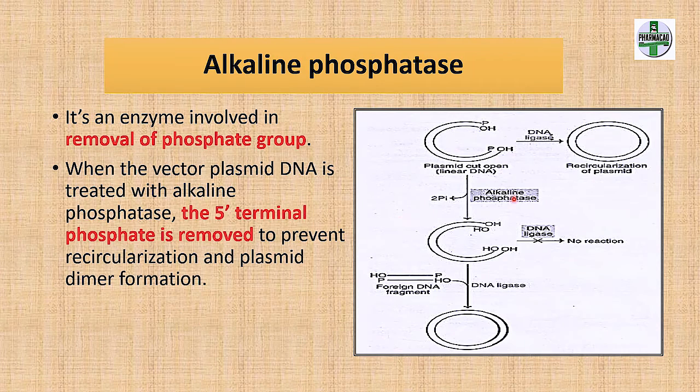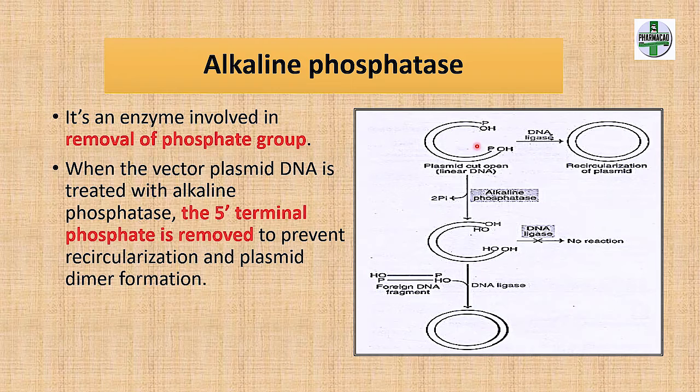Once we have this vector plasmid ready, that is, it is having the sticky ends here, there is a phosphate group present as well as an OH group. Because it is a DNA molecule, the OH group is always present on the 3' end and the 5' end will be having a phosphate.